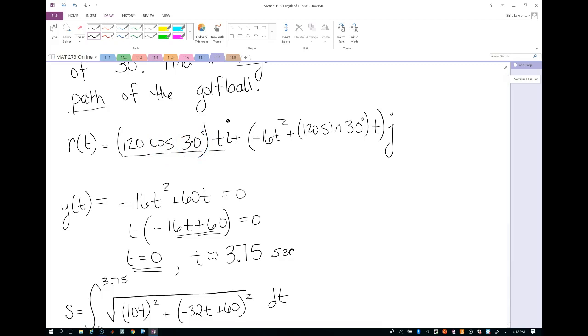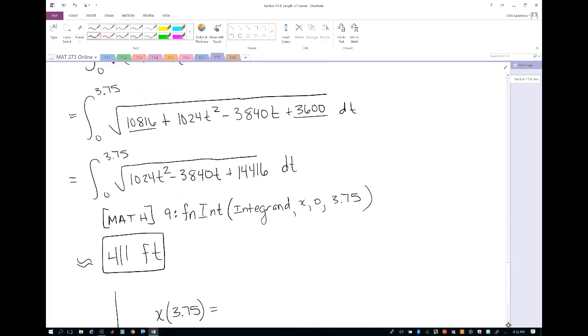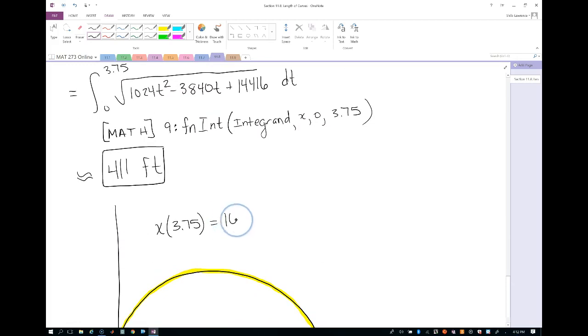So that's about 104t. So we want to calculate 104 times our t value, which is 3.75. And it definitely does come out very similar. I get 390 feet. So the range of this projectile is 390 feet.